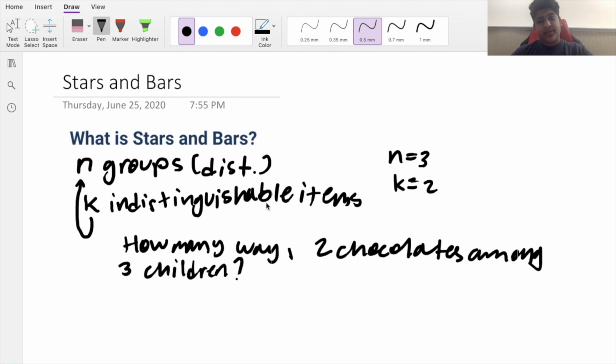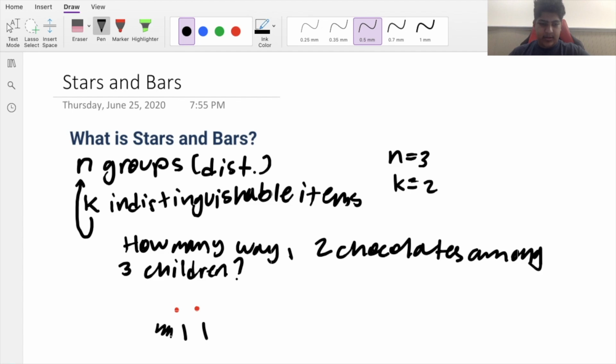Okay, so how would we do this? This is where stars and bars comes in. So basically, imagine the chocolates are little red dots. So we have 2 chocolates. Now imagine that we have 2 sort of divider folders like this. These divider folders divide the group of chocolates into 3 parts.